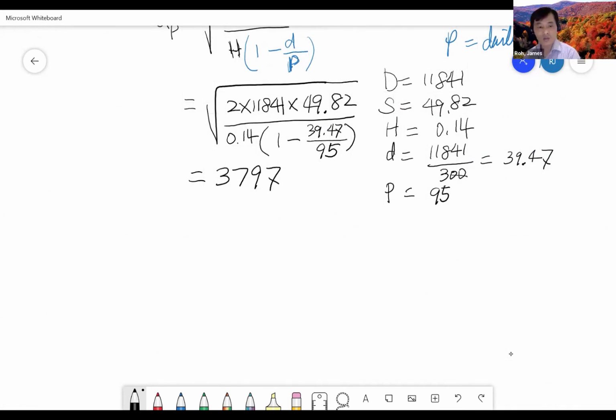So now we can calculate annual optimal holding cost.